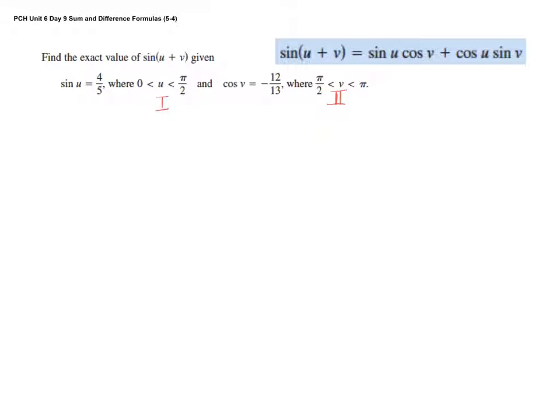As we go to plug it in, sine of u is 4/5 times the cosine of v, which we were told is negative 12/13, plus cosine of u times sine of v. We don't know what those are. So how could we go about finding them?